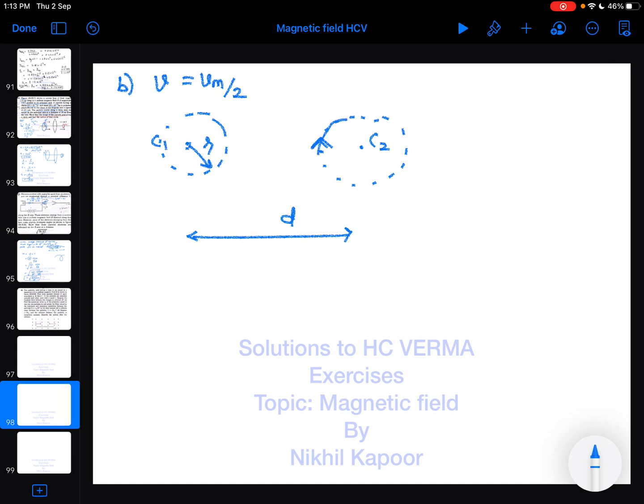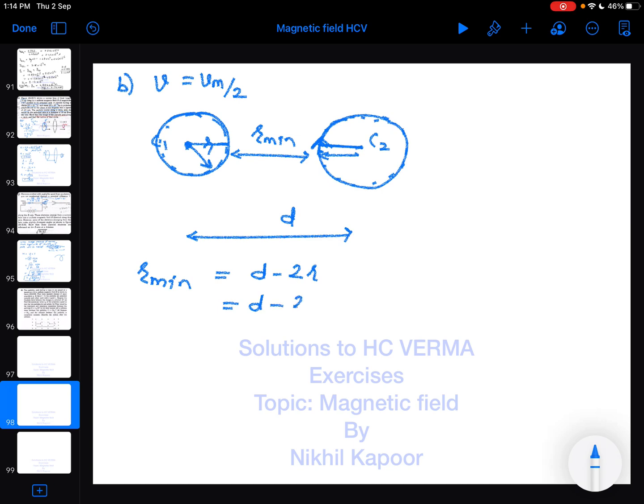So during their circular motion about their centers, this is the separation which is minimum, and the minimum separation can be found by subtracting this r and this r from d. So d minus 2r.